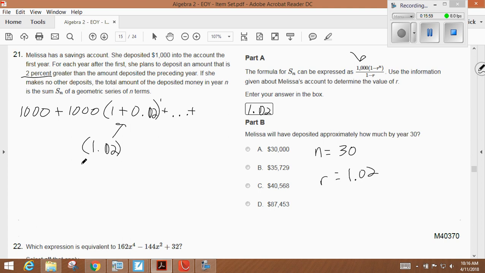That's it. Just plug it into your calculator. It spits out a number. It's going to go up to 1,000 times 1.02 to the n minus 1, really.